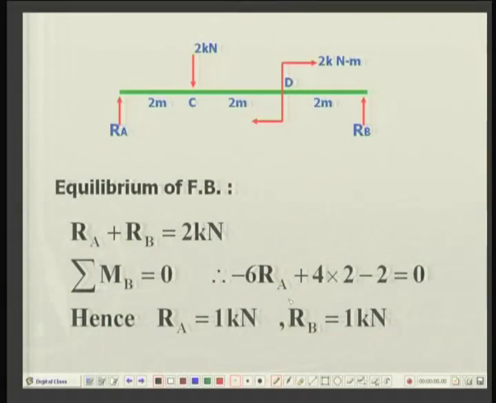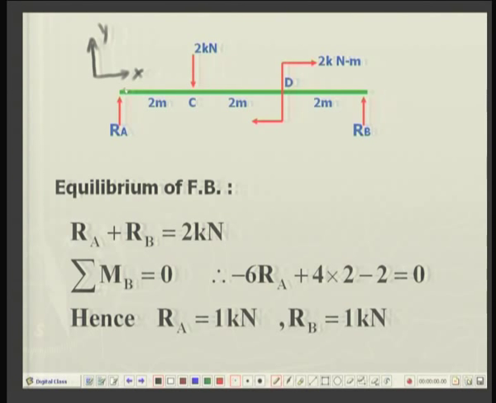Now, I will consider in this case 3 sections. This is our x direction and this is our y direction.